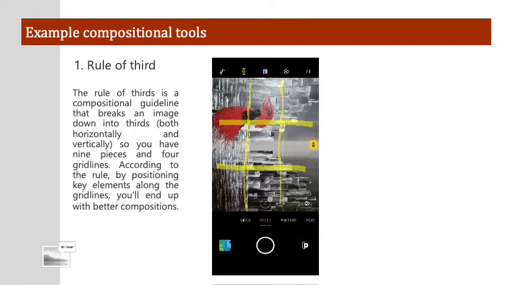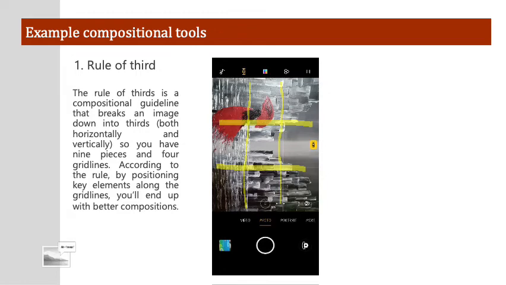There are also the golden ratio and many others. But for the sake of understanding what composition is, since it will open up to our topic, the principles of design, let's just keep it simple with the rule of thirds to show us a little bit of what composition is, and this happens to be my favorite composition tool also. I know I'm a bit biased, but what can I do?